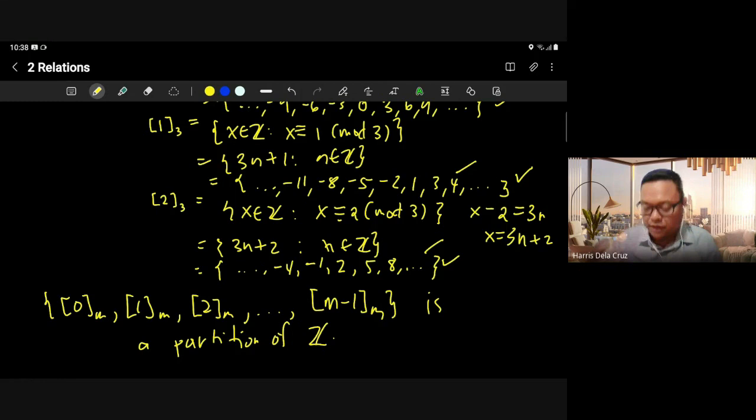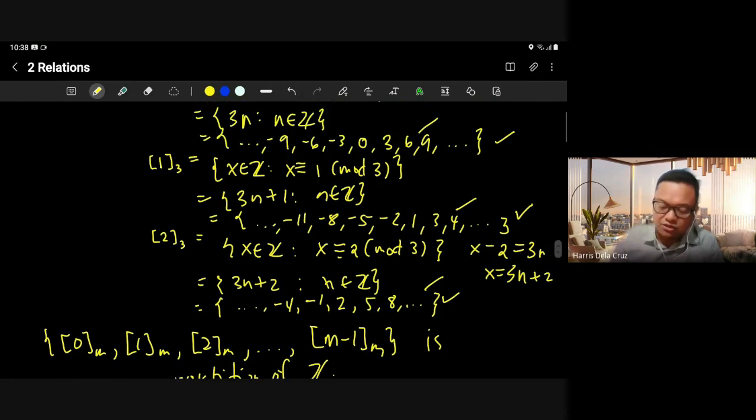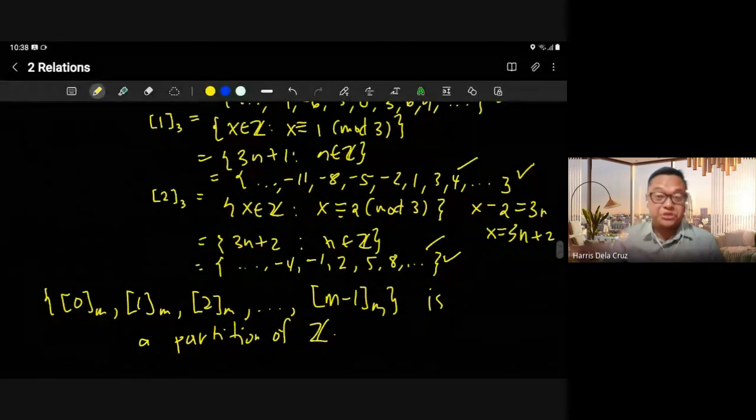So, pag 3, ito yung tatlong partition. Pag gumamit ka ng 4, 4 yung elements ng partition. Pag ginamit mo ng m equals 5, 5 yung element ng partition. So, each value m gives you a partition. Okay? And each of these partitions are different partitions of Z.